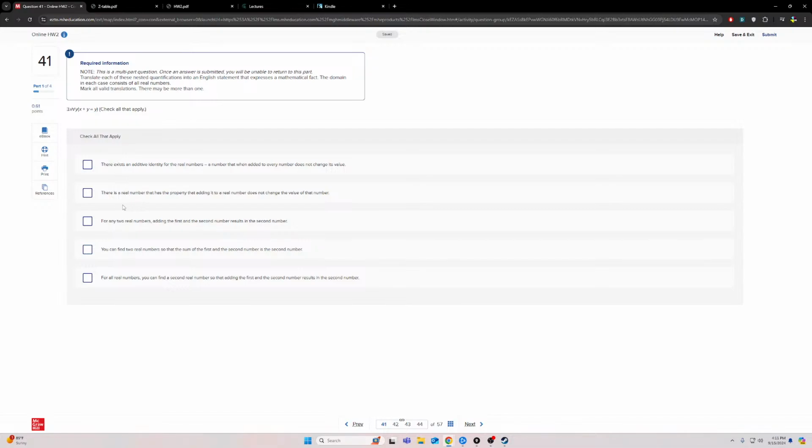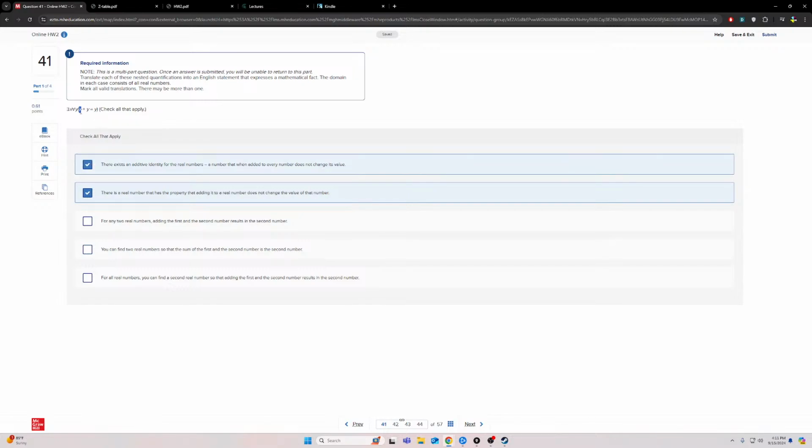There exists a real number that has the property that adding it to a real number does not change it. That would be true. There exists an additive identity for the real numbers: a number that, when added to every number, does not change its value.